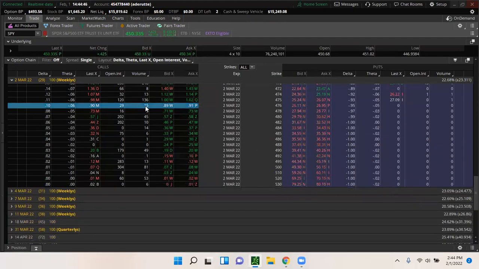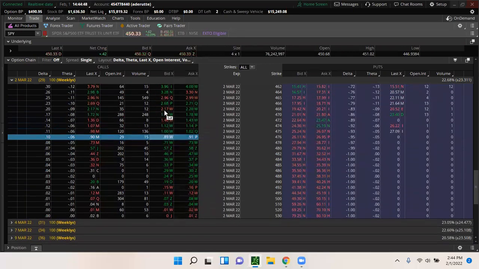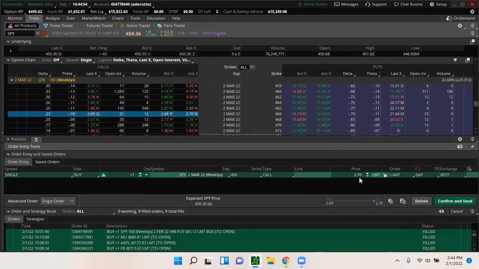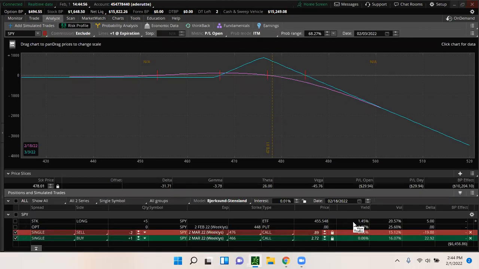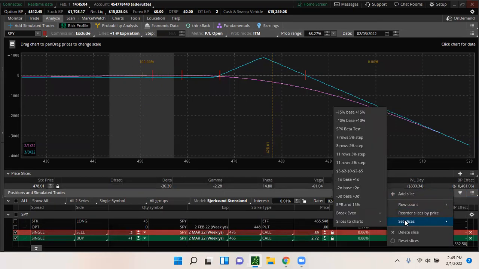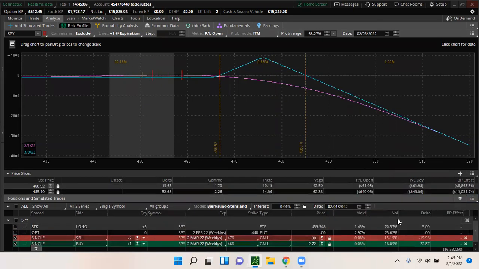Delete that, and I want to show. Okay, now I have them separately. Okay, perfect. This is what I want. So I'm going to reset parameters and date. Set slices, break even, boom.